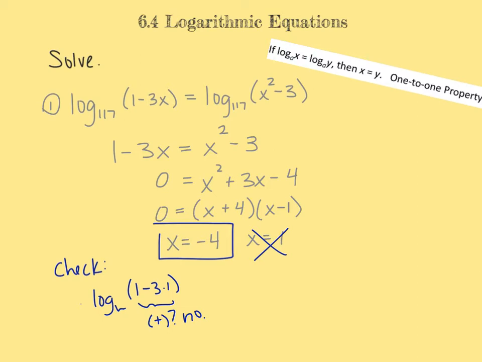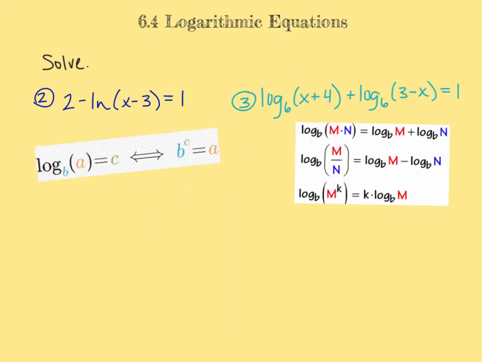The domain's all real numbers. For logarithmic functions, however, our domain is not all real numbers. We do have restrictions on the domain, so potentially some of these x values we get might not work. Therefore, we do have to check our final answers and make sure what's inside is positive. So negative 4 is our only solution.